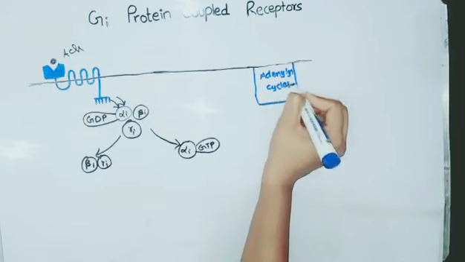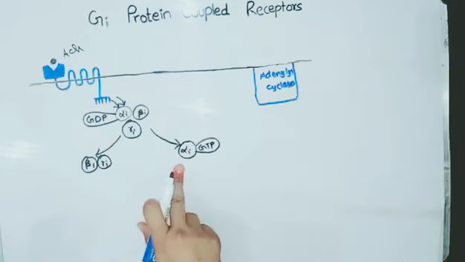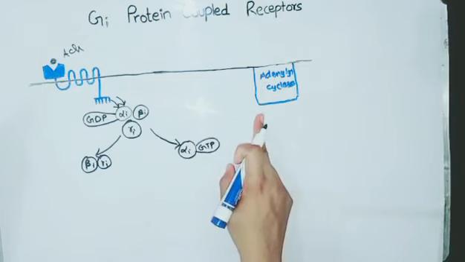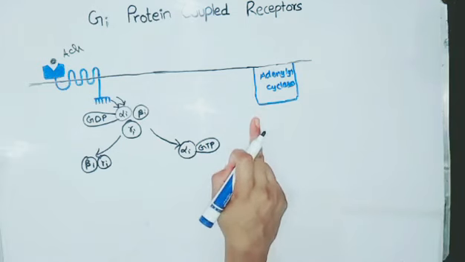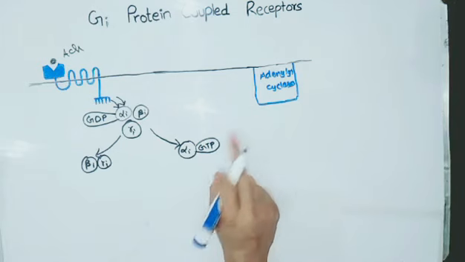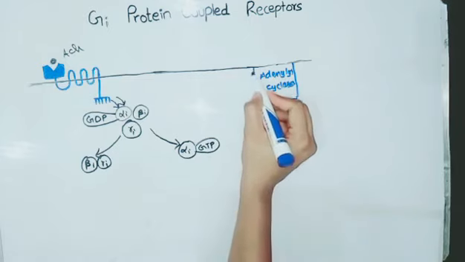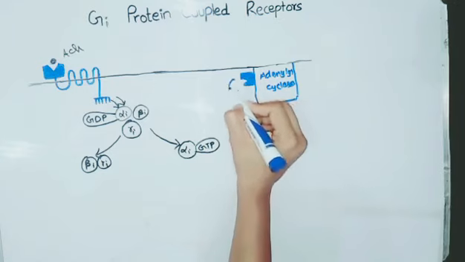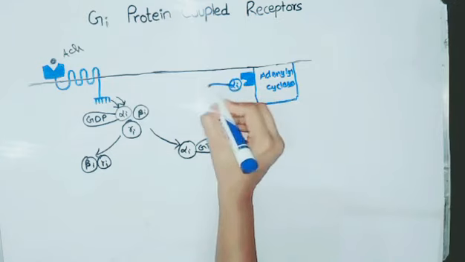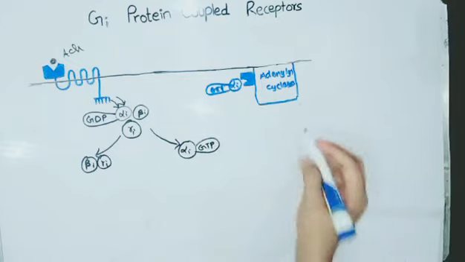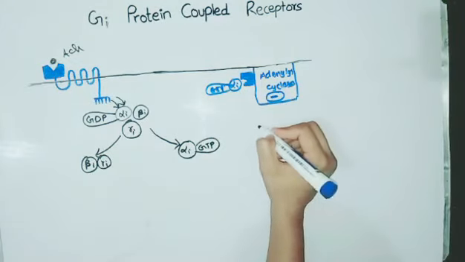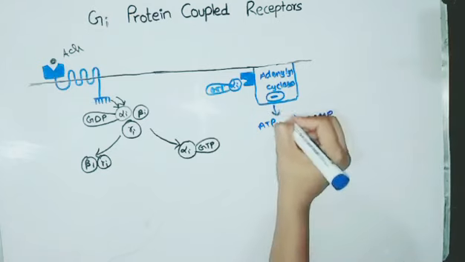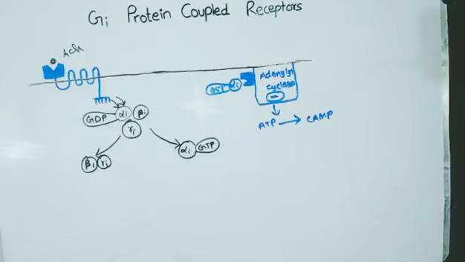But the difference comes here because this alpha inhibitory subunit binds to a different site at adenylyl cyclase as compared to the alpha stimulatory subunit of the G protein. It will bind to a different site of adenylyl cyclase, and it will inhibit the adenylyl cyclase, and the ATP is not converted into cAMP. So basically this process is inhibited.